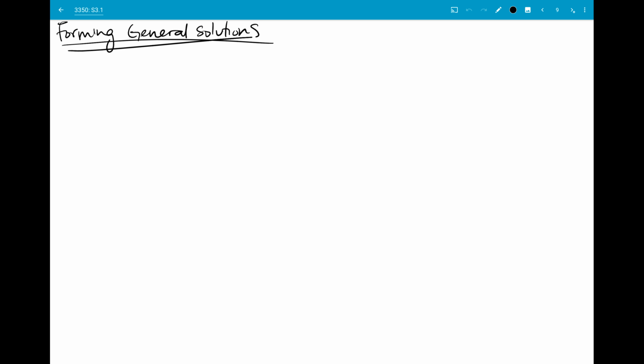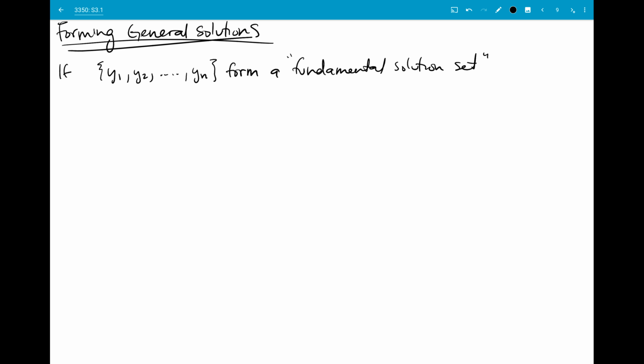In order to write the general solution to an nth order ODE, if you have y1, y2 down through yn that form something we'll call a fundamental solution set, which is going to just mean that they satisfy those special properties that we said matter.